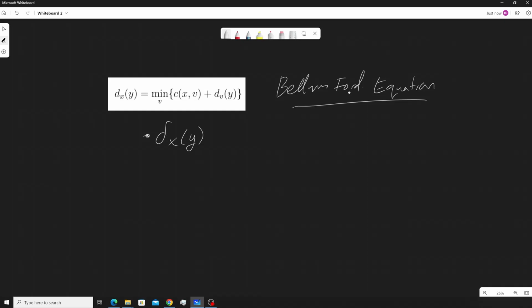Okay, so dxy is the distance, in fact, it is the shortest path. The distance of the shortest path from x to y. Okay, so distance of shortest path from x to y.